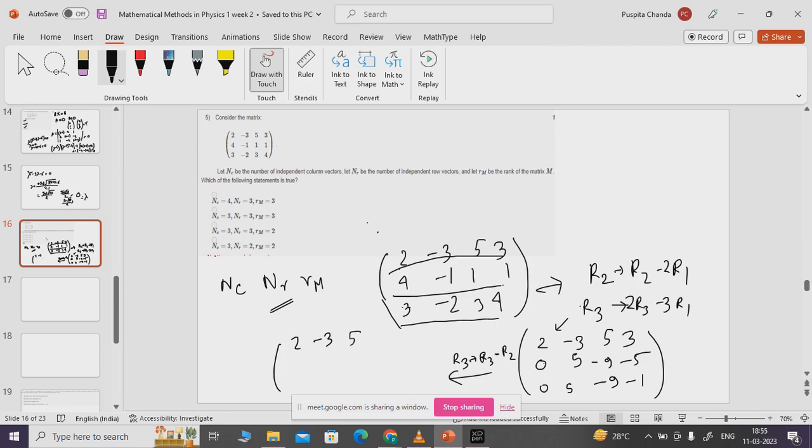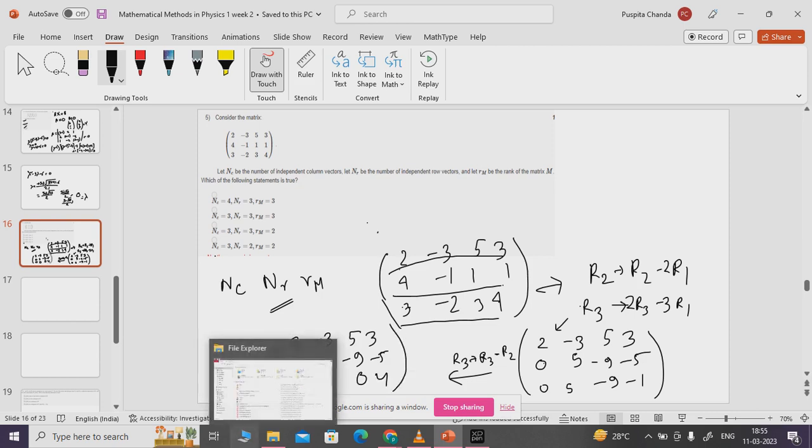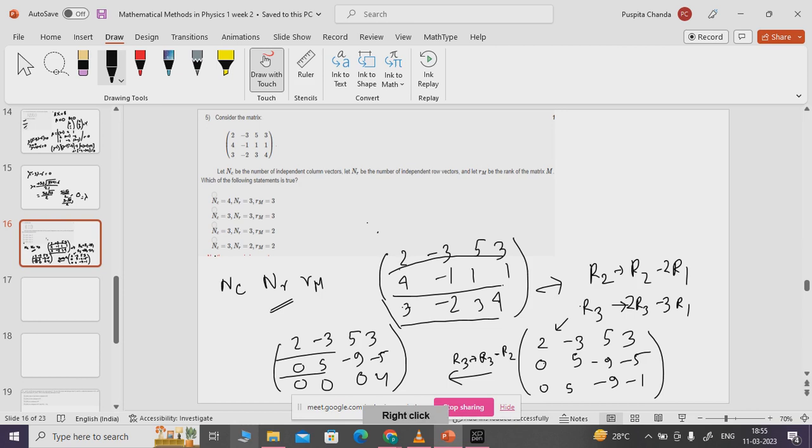So that will be 2 minus 3 5 3, 0 5 minus 9 minus 5, 0 0 0 4. So each of the row vectors is independent, so NR is 3 and the rank of the matrix was also 3.